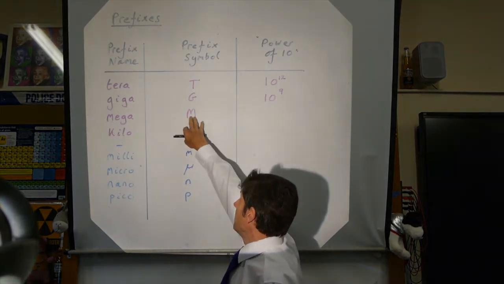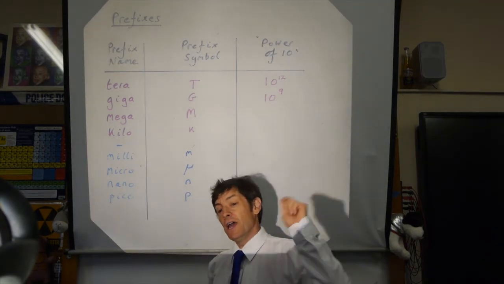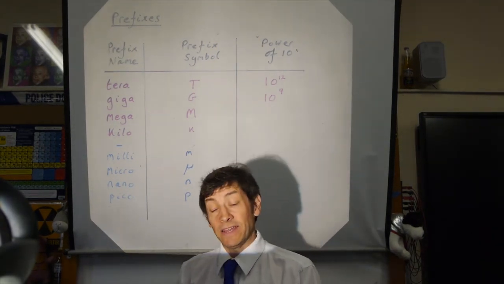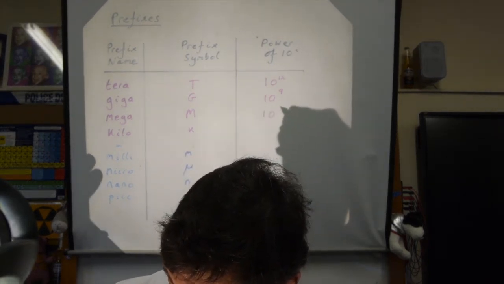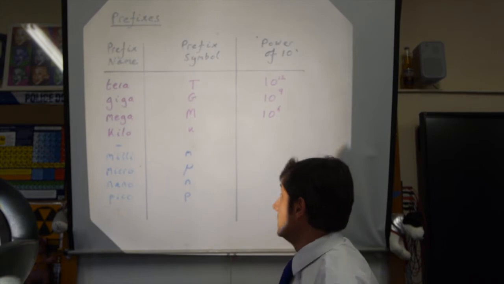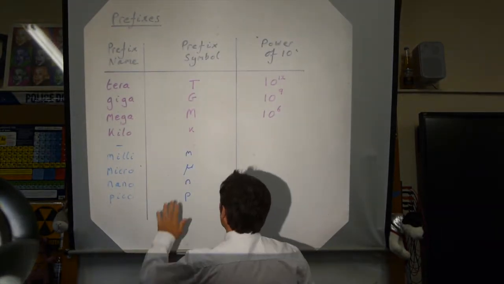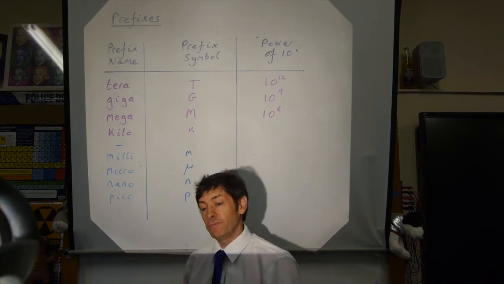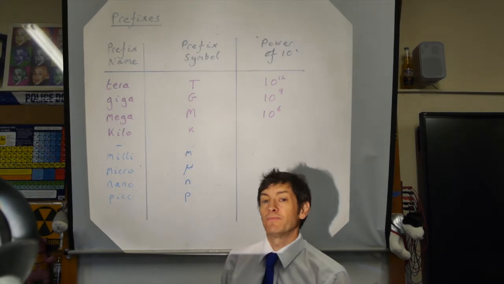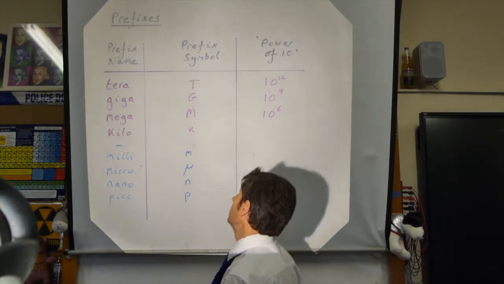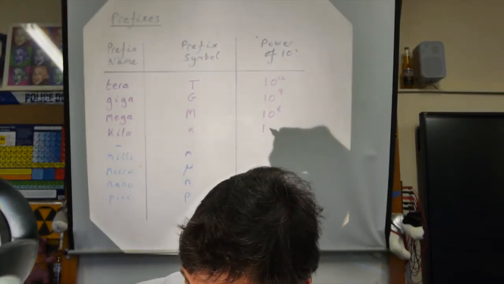Mega, it might be megameters, or again a frequency of an electromagnetic signal. This is 10 to the 6. Kilo means that we've taken a number, like 3,000 meters, and divided it by 10 to the 3 to get 3 kilometers.